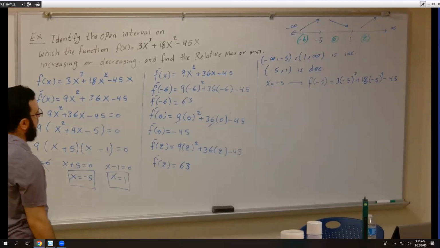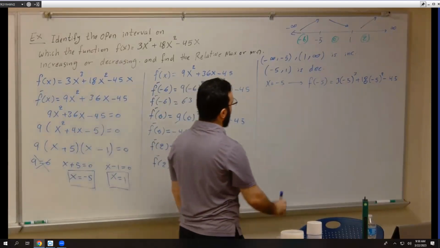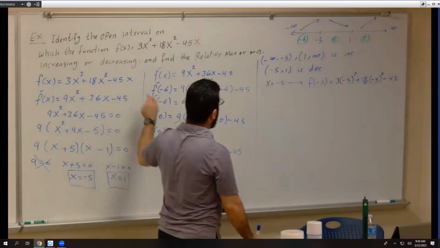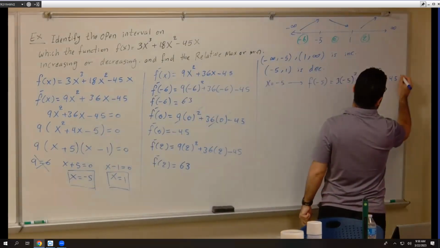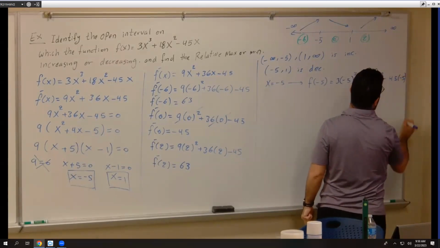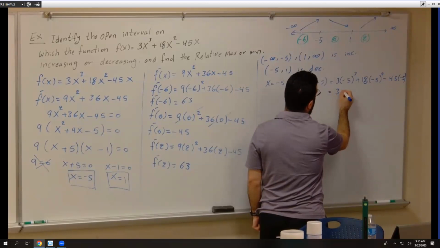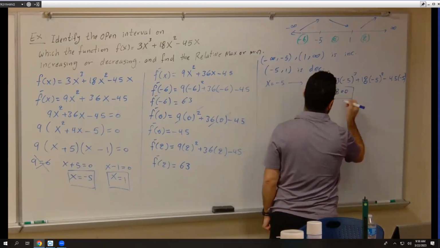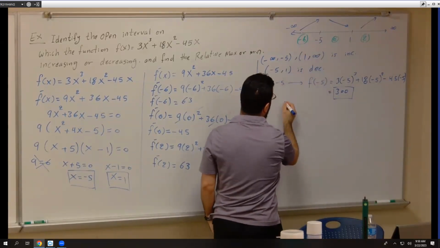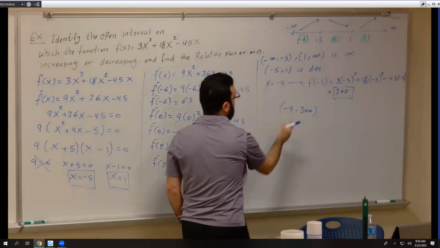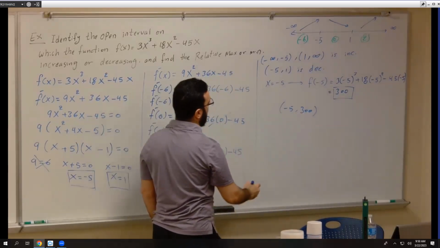I got 300. Yes, because it's supposed to be positive. It's a maximum. So here is -5, and it's going to be 300. Here is the relative max.